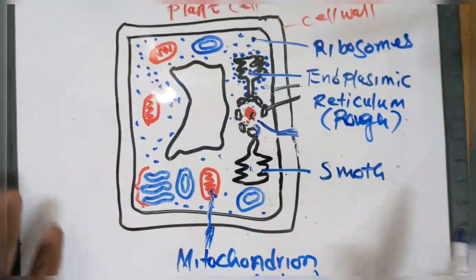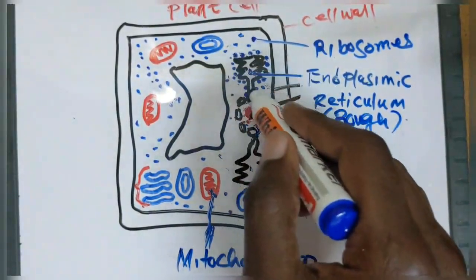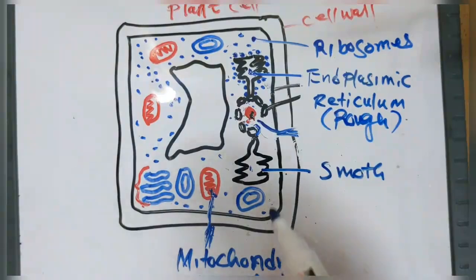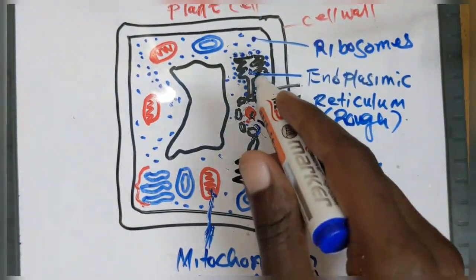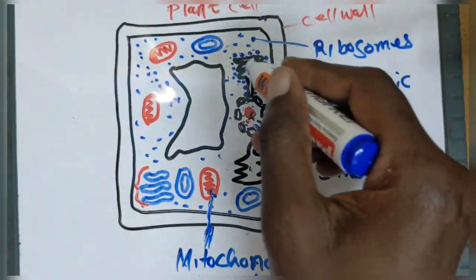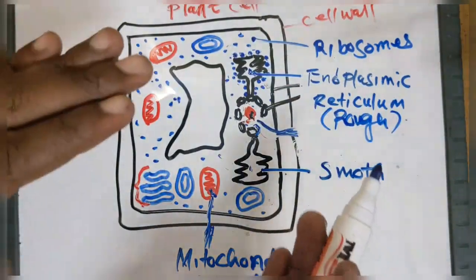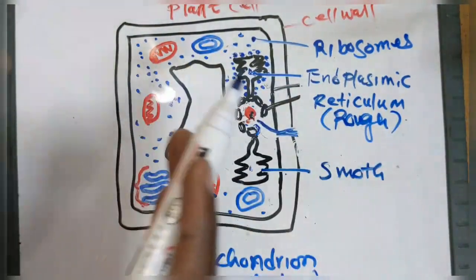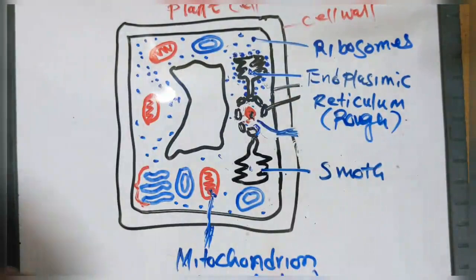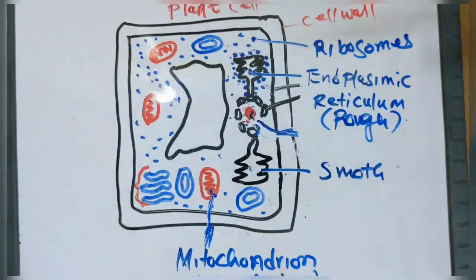So when the proteins are made, they come to this rough endoplasmic reticulum, and it transfers them from the place where they are made to the place where they are supposed to be used. So this is the function of the rough endoplasmic reticulum. That is what it is.